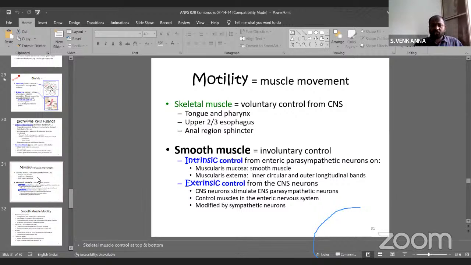And next, external control from the central nervous system neurons. CNS neurons stimulate ENS parasympathetic neurons that control muscles. The intrinsic neuron systems are modified by the sympathetic neurons.